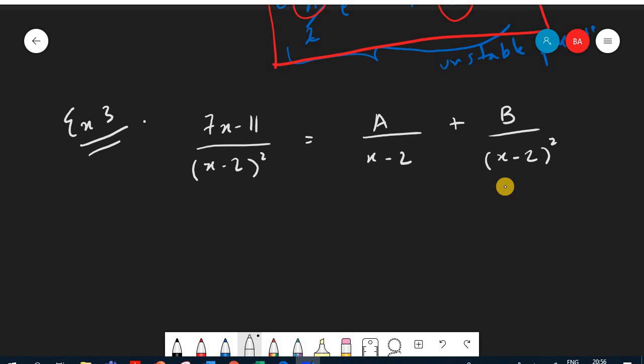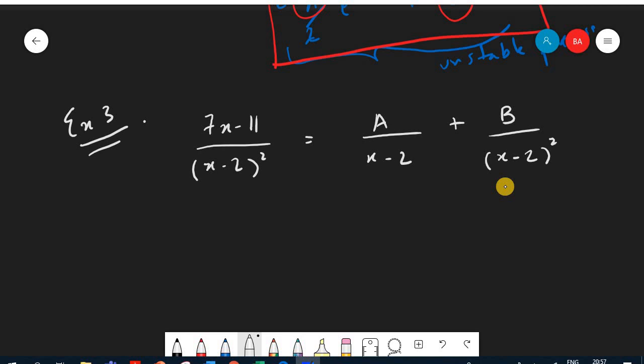Any function that is to the power 2, x minus 2 the whole thing squared, or x plus 3 the whole thing squared, we just put the repetition of it, as you can see here. And don't get confused. This is x minus 2 the whole thing squared. We said here should be one order less, right? It is one order less.